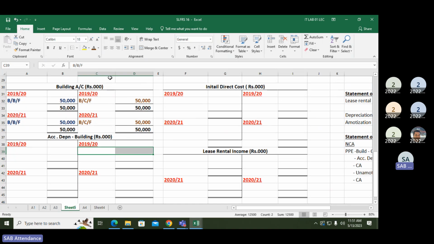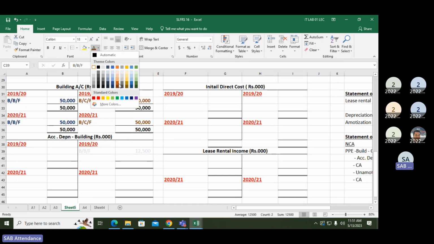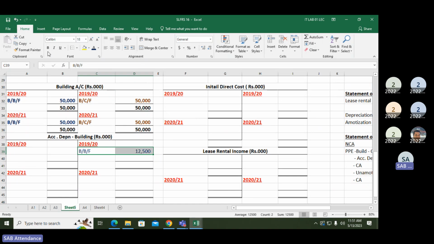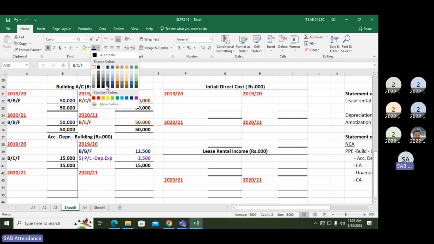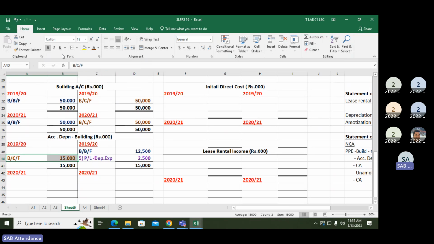So depreciation: it is already depreciated for 5 years. So out of the 50, 12.5 million is depreciated. This year you should charge to P&L 50 divided by 20, the annual depreciation 2,500. So you can have the balance carried forward 15,000.